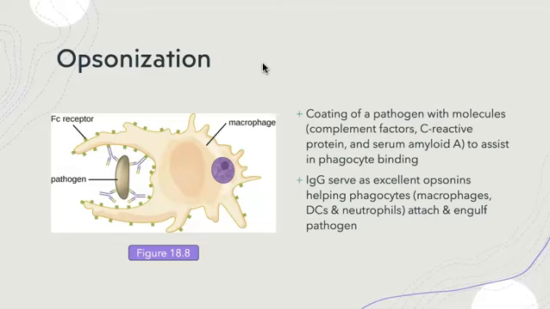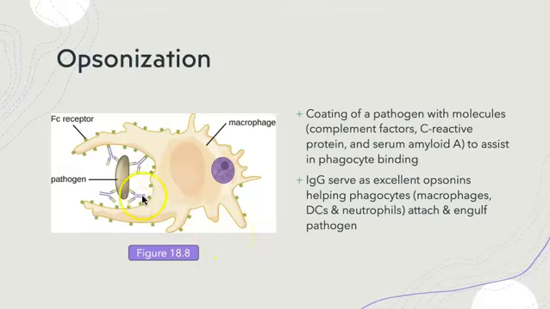That's what opsonization is. So what they do is they find the pathogen and the antibodies start coating it with their molecules. These can include complement factors, C-reactive protein, and serum amyloid A. And what it does is it tells those phagocytes, hey, come on over here.